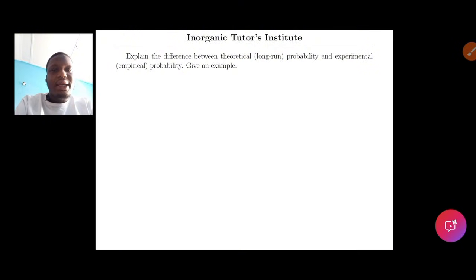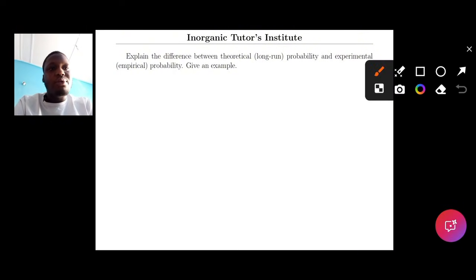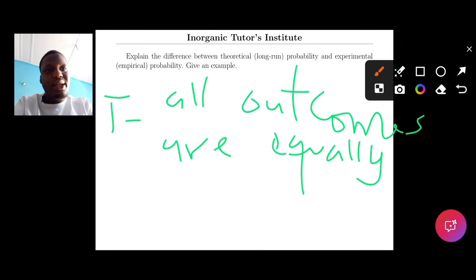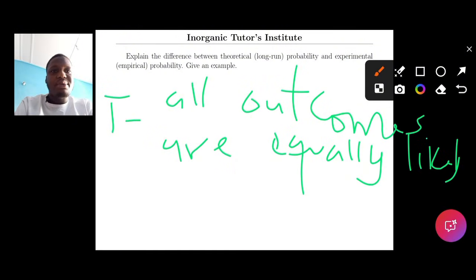So remember, in the last lecture that we had, we demonstrated that theoretical probability is the same as classical probability, where we assume that all outcomes are equally likely.